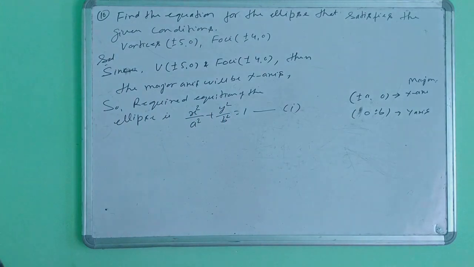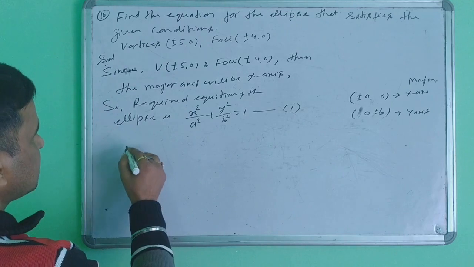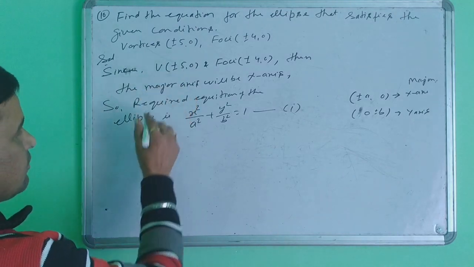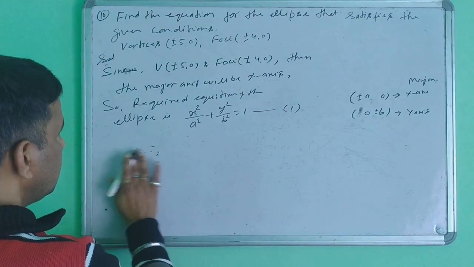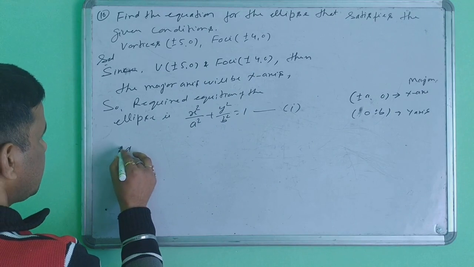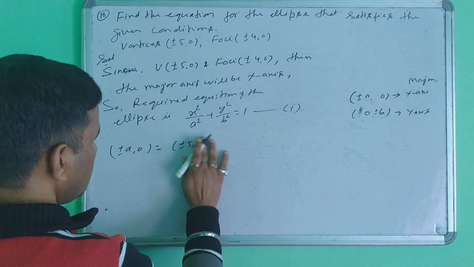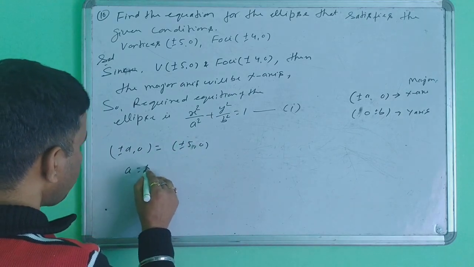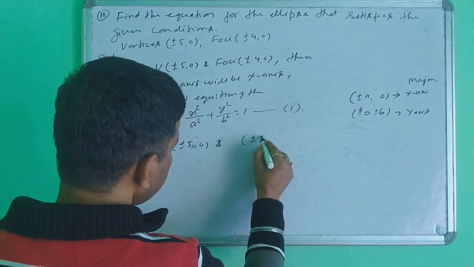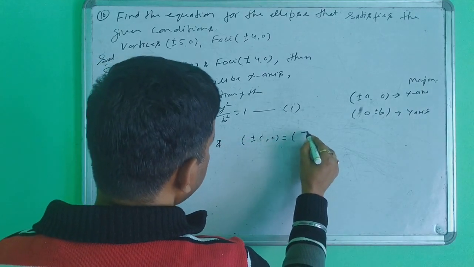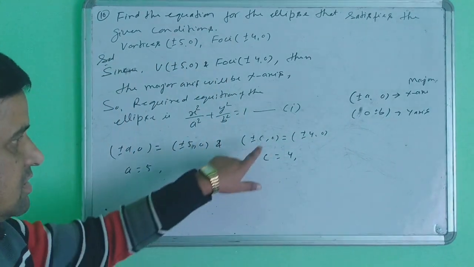Vertices are plus minus a, 0, given as plus minus 5, 0, so a equals 5. Foci are plus minus c, 0, given as plus minus 4, 0, so c equals 4.